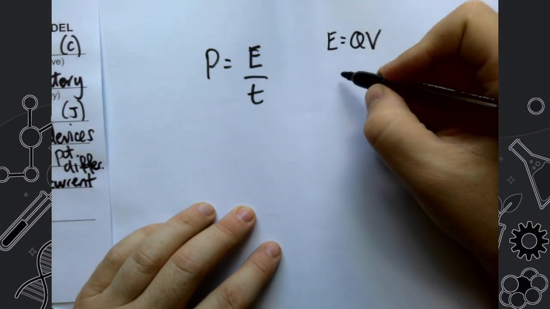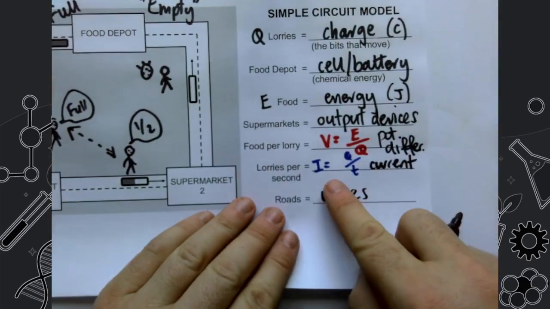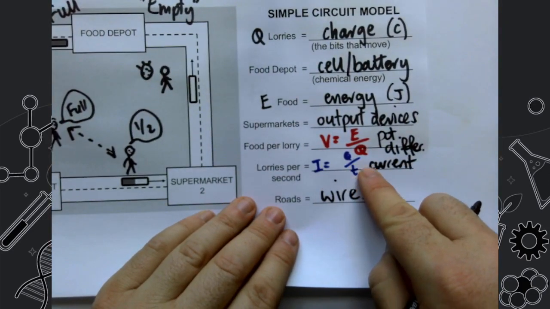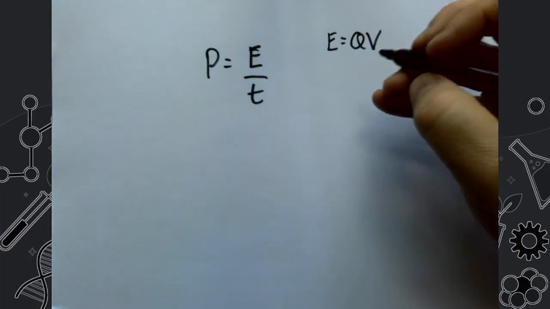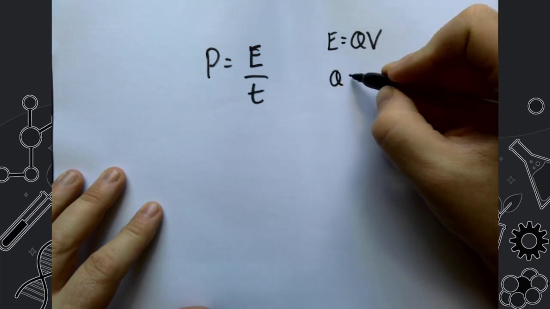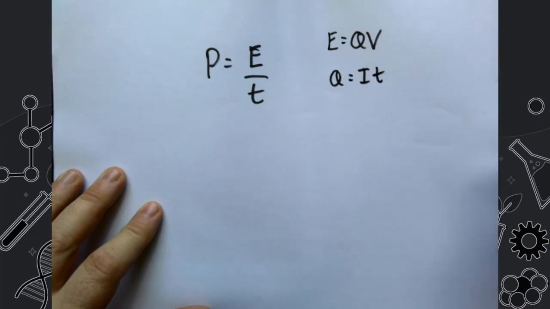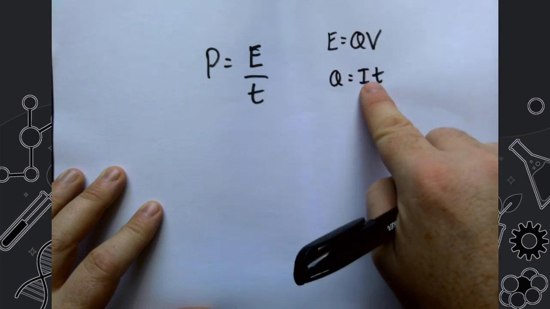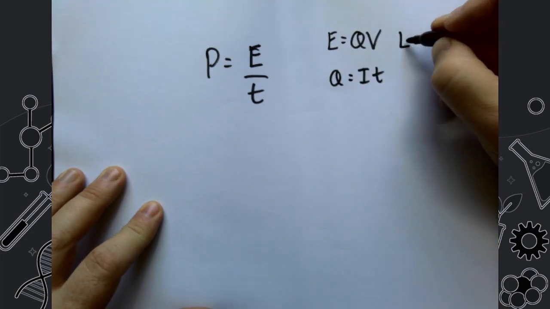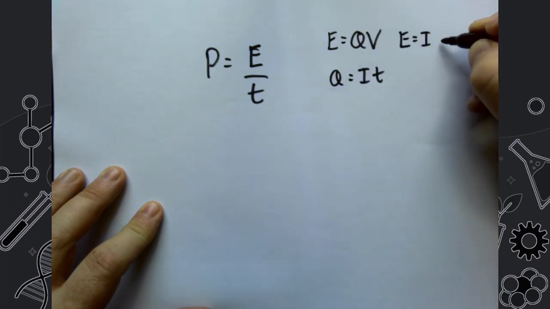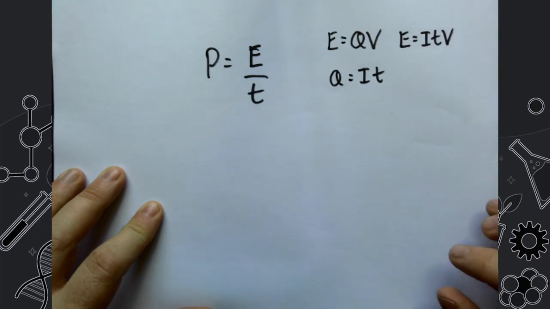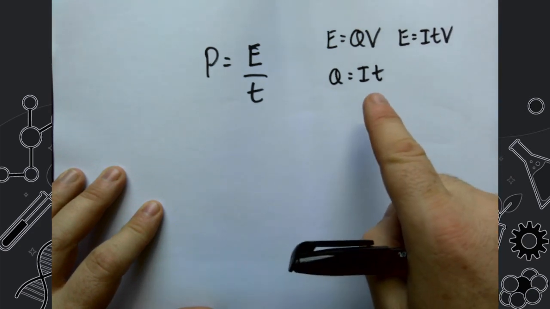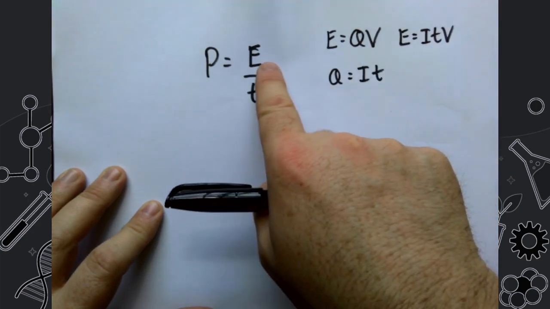And also we've got the definition for current, I equals Q over T. Let's rearrange that for Q. We end up with Q is equal to I times T. We can swap out the Q for IT, so we've got energy is equal to ITV. And then we can put this into this equation.